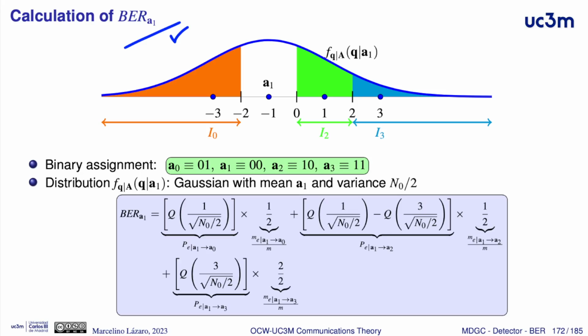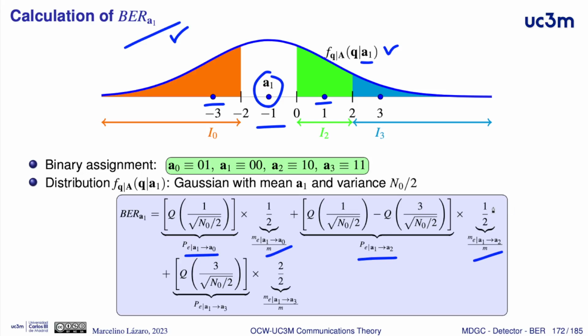For the conditional bit error rates for A1, the difference is that now the conditional distribution of the observation is a Gaussian with mean -1, the value of A1, and now we need to multiply the probability of transmitting A1 and deciding A0 times the number of errors that we have in this decision, 1 out of 2 bits, and the probability of deciding A2 times the number of erroneous bits in this situation, again 1 out of 2, because A2 and A0 are the symbols that are closer to A1.